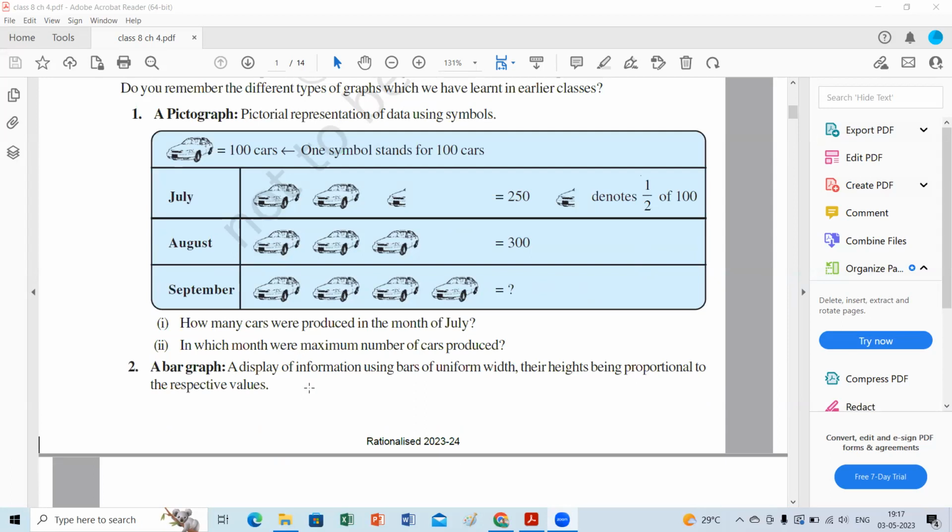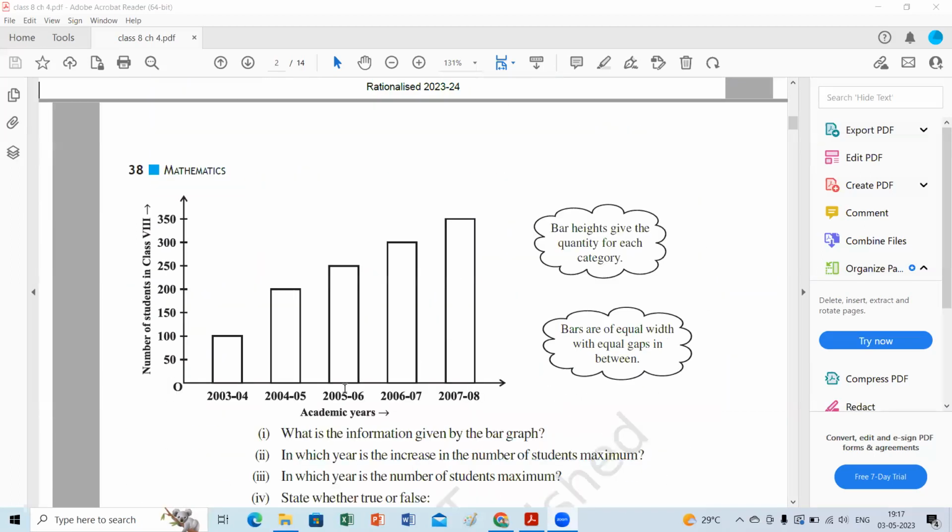It's displaying information using bars with uniform widths, their heights being proportional to respective values. That's more important, children. In a bar graph, uniform width, their heights being proportional to their respective values. So that's more important. Please remember.